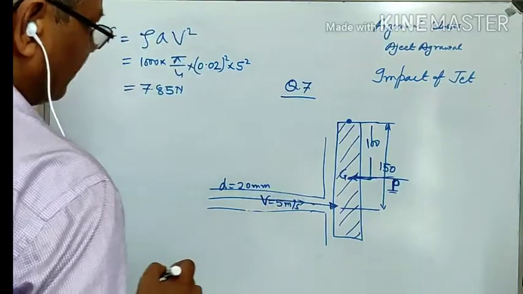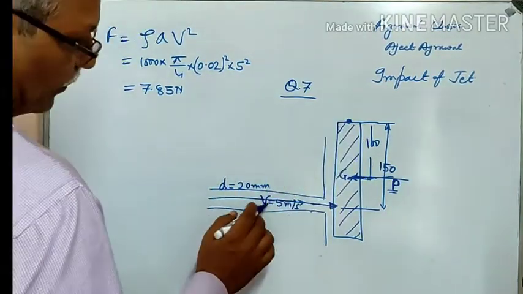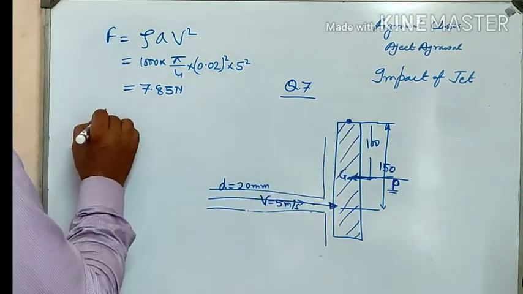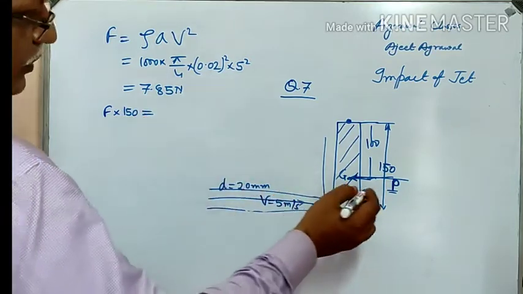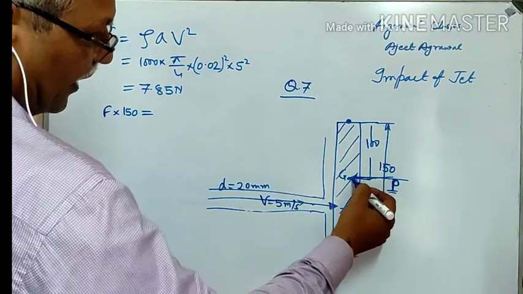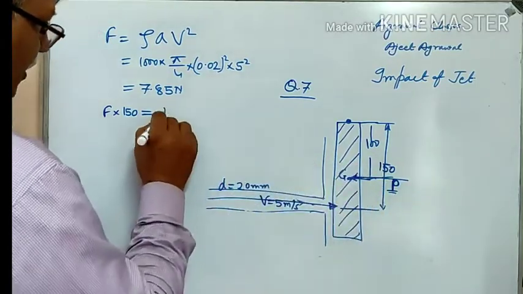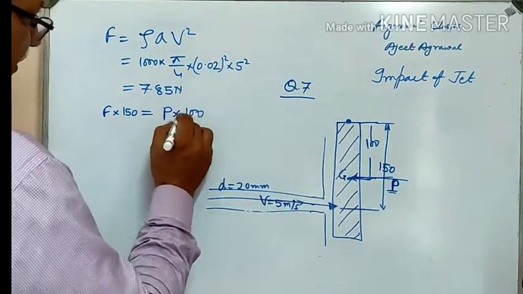Okay, now we know the force is acting in this direction, at a distance of 150 millimeter. So we'll take the moment about the hinge point. This force multiplied by distance, that is F into 150, equals the force P which we are applying so that this plate remains vertical, and this force is applied from the hinge at 100 millimeter.